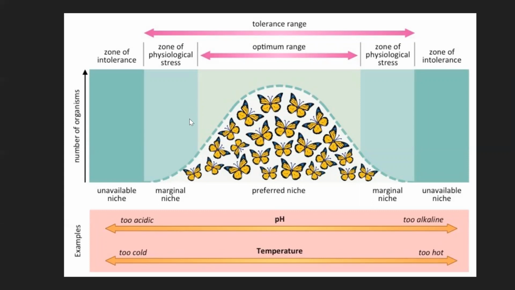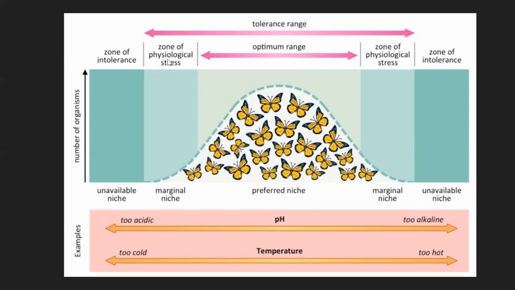So the middle of the bell curve, where you see that the population is the highest, or the number of organisms, if you see this y-axis up here, they're going to be the most plentiful in their preferred niche, in their optimum range, where the resources that they need to survive are the most plentiful, being they have enough space, enough water, enough food, whatever it happens to be.